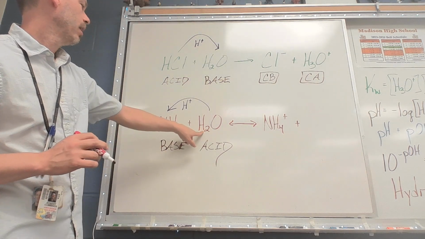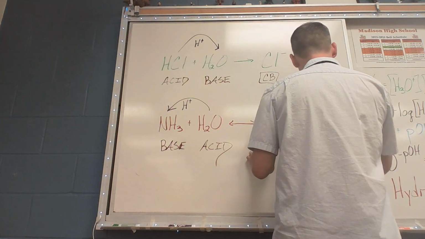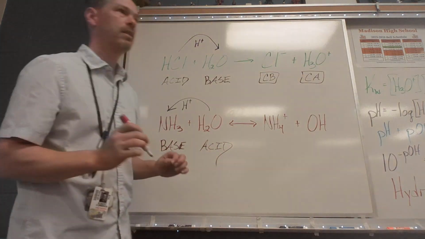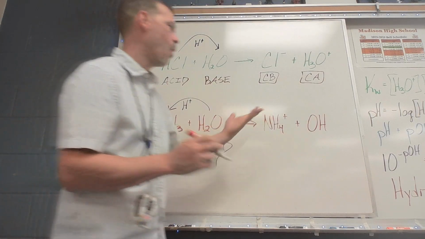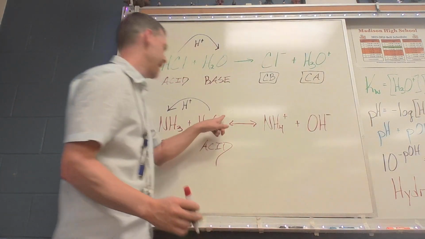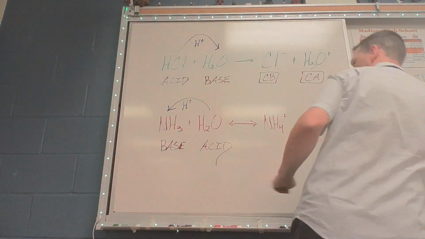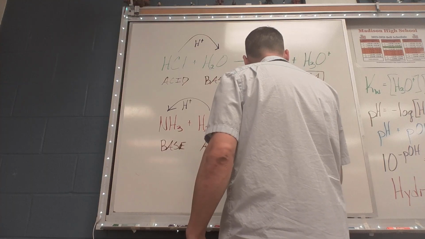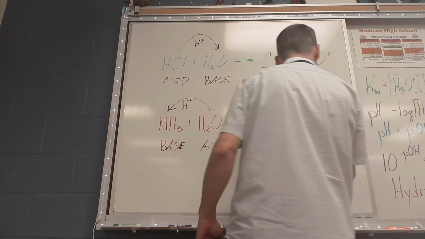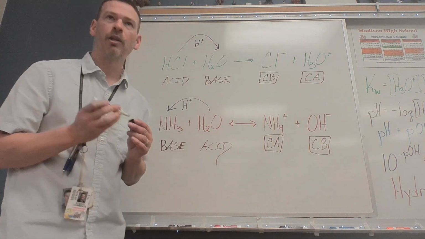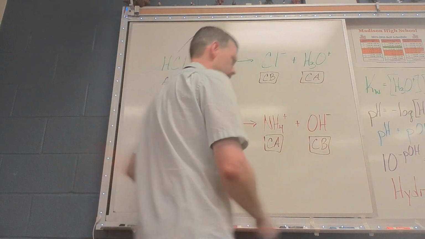The water, if you remove an H, becomes OH minus because it lost a positive. This will be a conjugate acid. This will be a conjugate base, for all the same reasons that we've been going over.